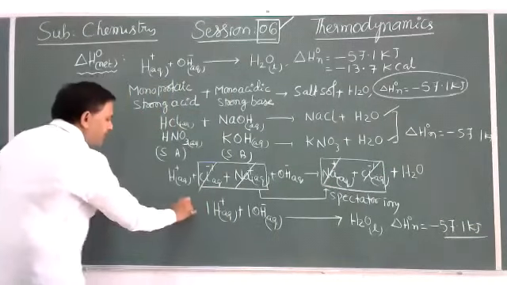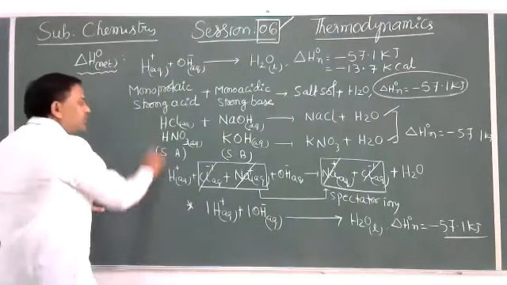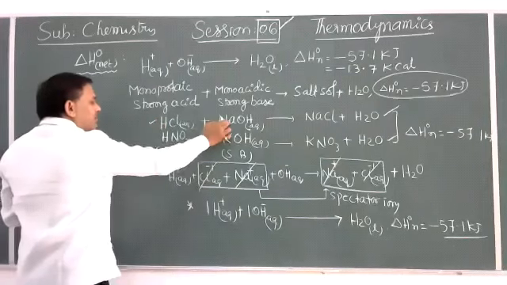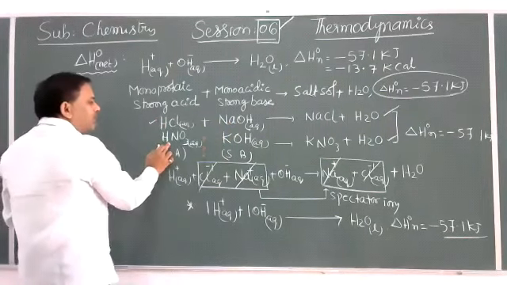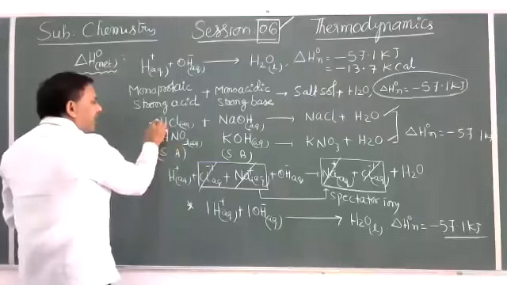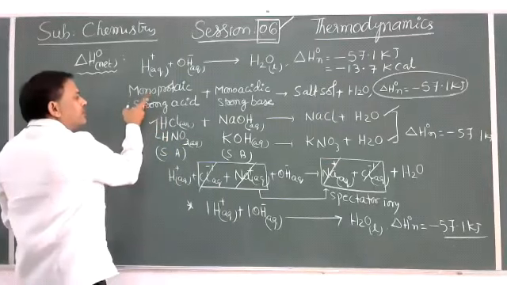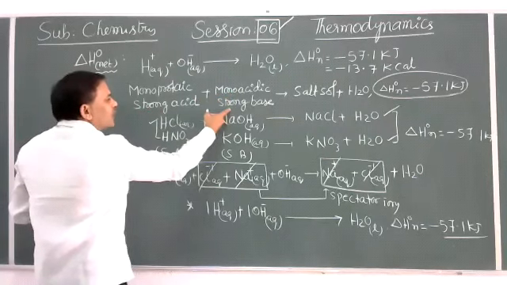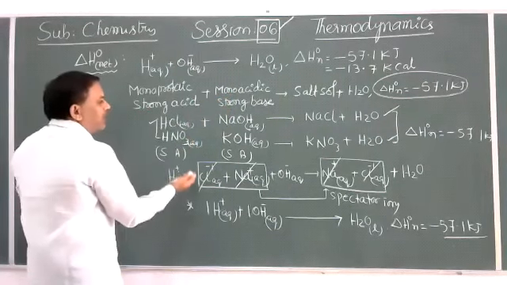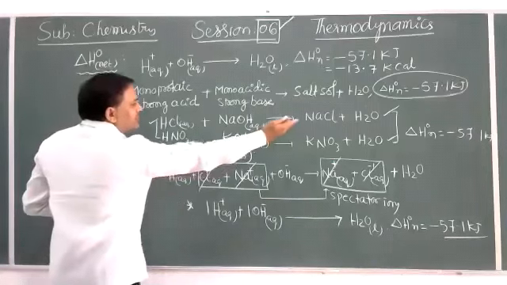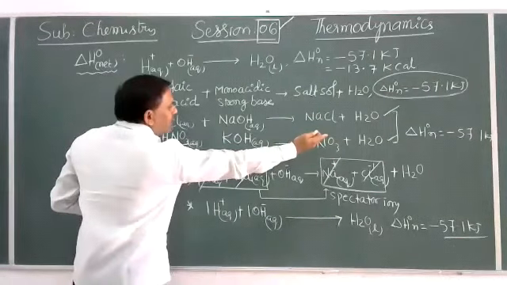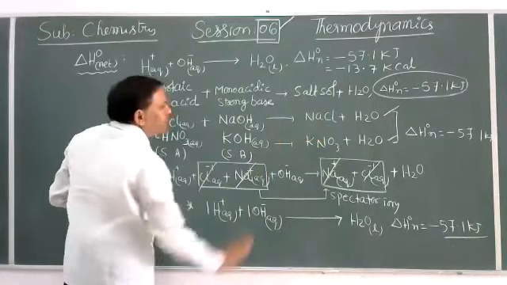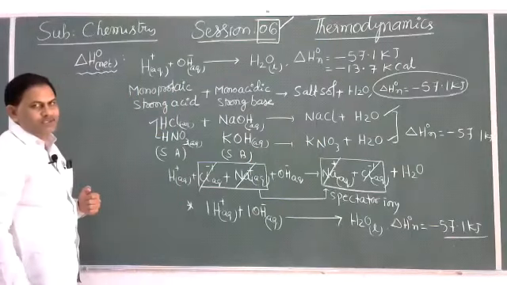This is fixed. Not only HCl and NaOH, but HNO3 and KOH, like any monoprotic strong acid and monoacidic strong base, neutralize, react with each other, and always give 1 mole of undissociated water. The liberated value is always constant.